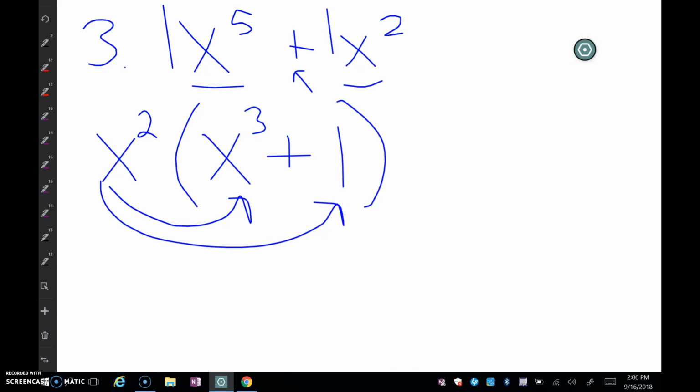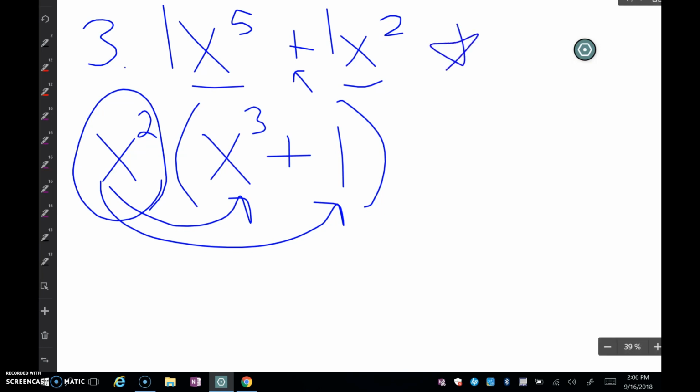And so what you're seeing is that when you take out the GCF and multiply things through, you should end up getting the original polynomial. And the parentheses where you write everything that's left should be totally reduced. There shouldn't be anything in there that you can factor out anymore.